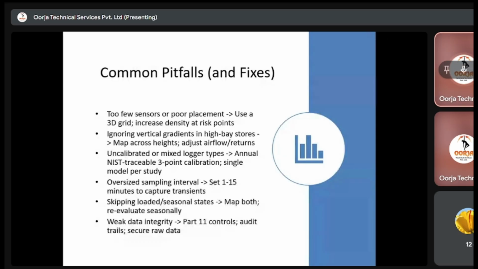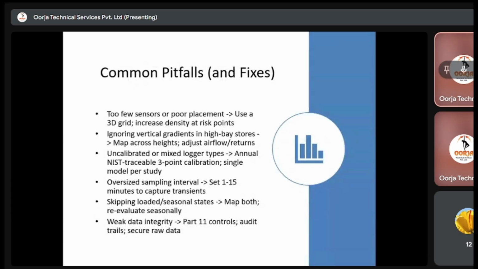So we will have four locations across the height, and those heights must be approximately equal to each other to get the optimized data for the temperature distribution. So it becomes very important to understand this concept.